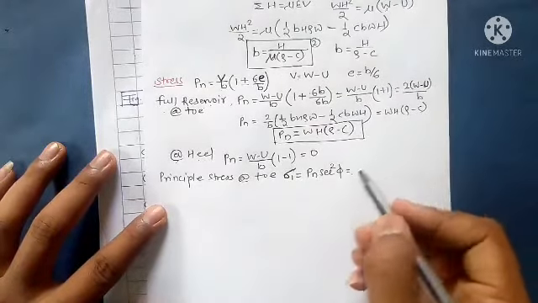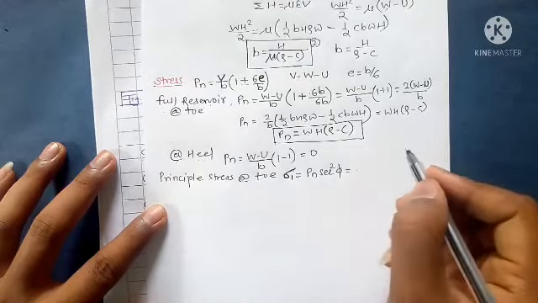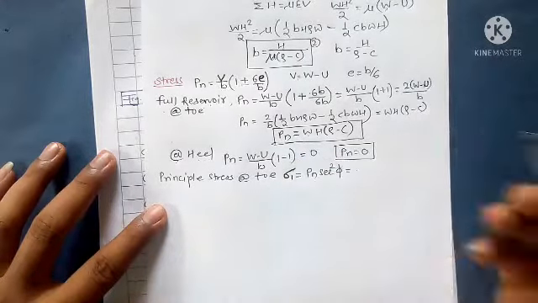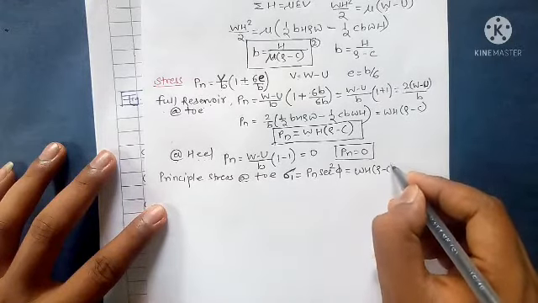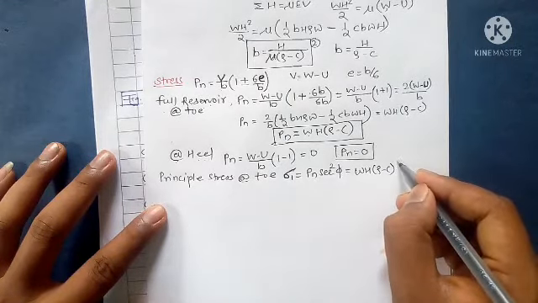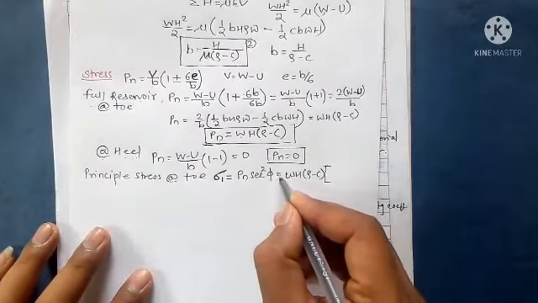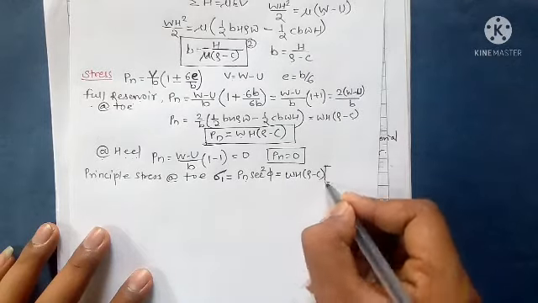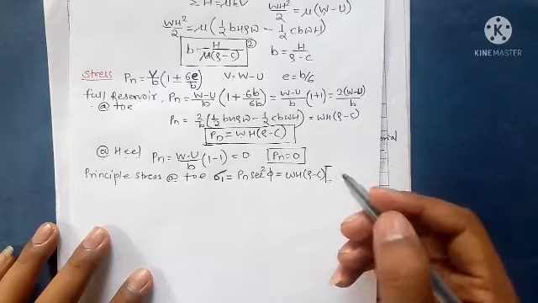We put here the value of Pn, wH (rho minus C), into bracket for sec square phi.